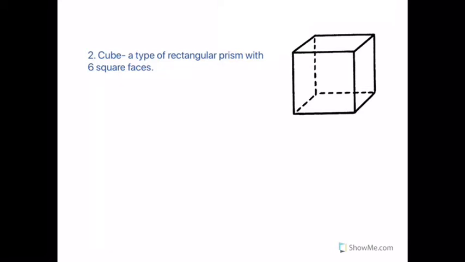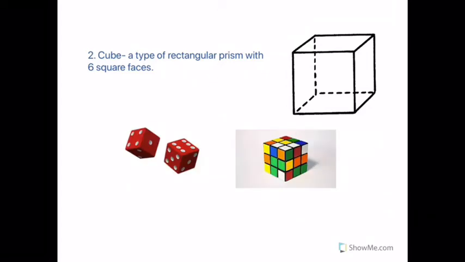The front, the back, the top, the bottom, the left and right, all of those faces are the same size. Some examples that you might see: a pair of dice and a Rubik's Cube, hence the name. Those are types of cubes. And just like the rectangular solid, it has 8 vertices and 12 edges.